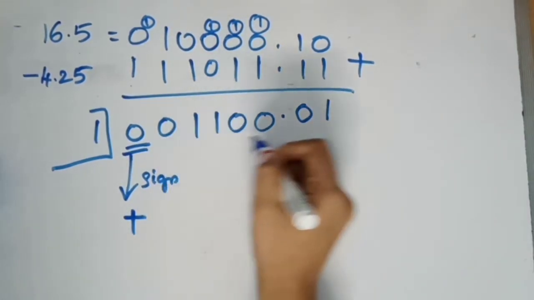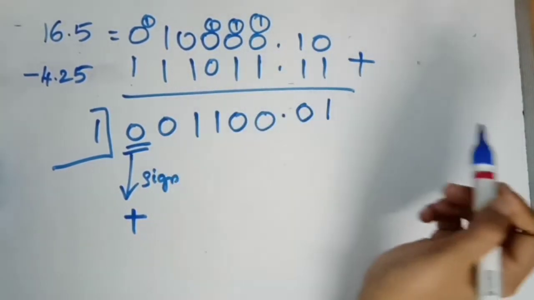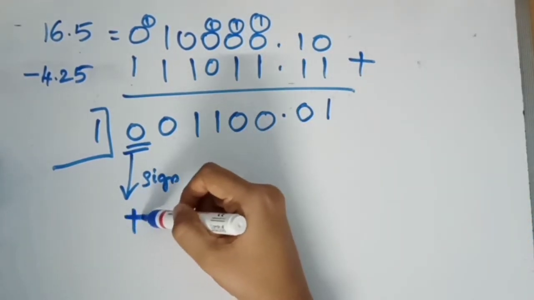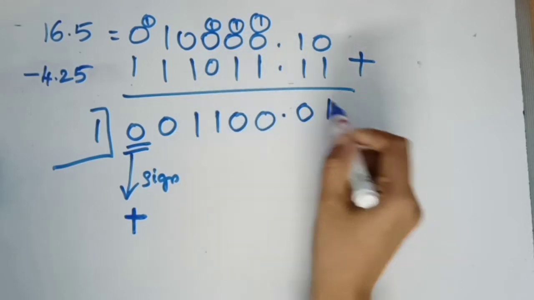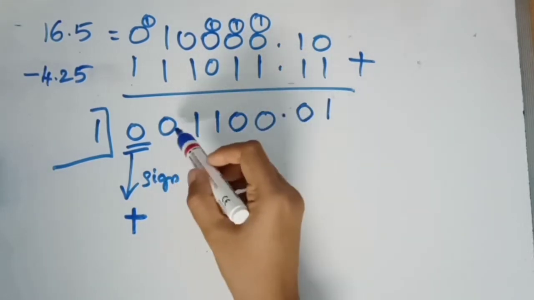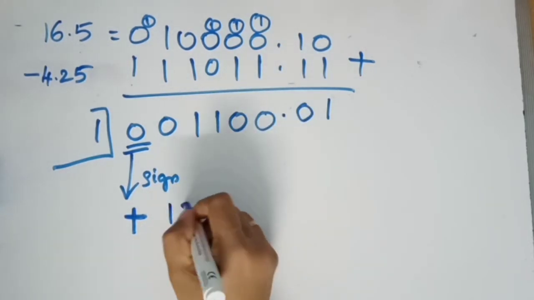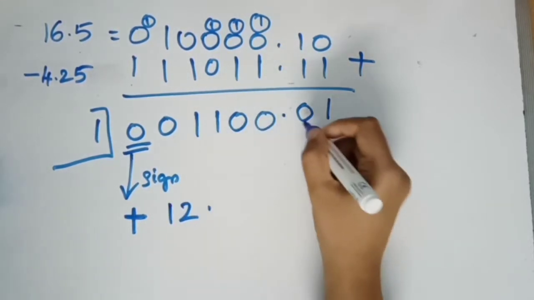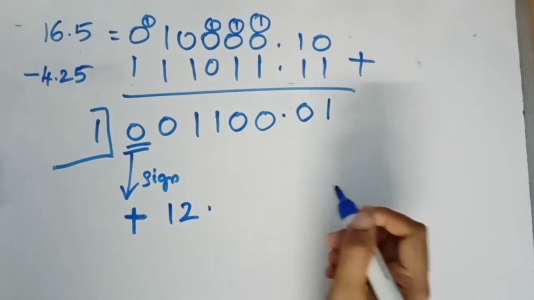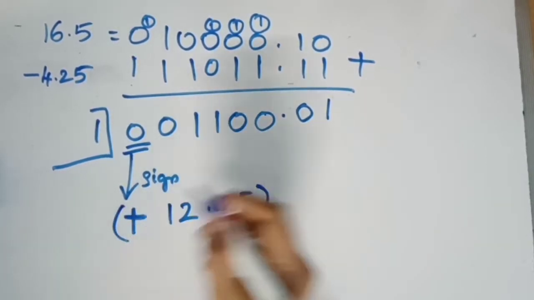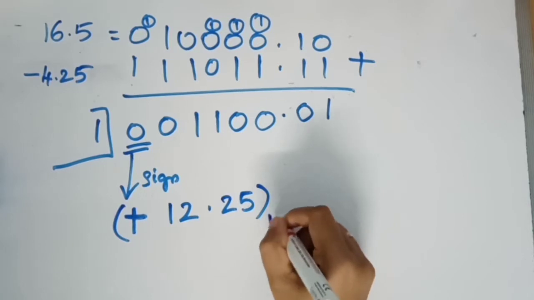Then just see what the answer is. Since this is a positive number, the answer is the same as whatever is given. So 01100, that is 12, and 0.01 is 0.25 to the base 10.